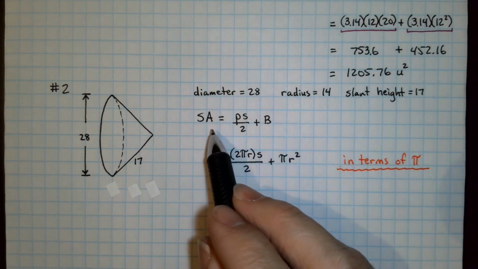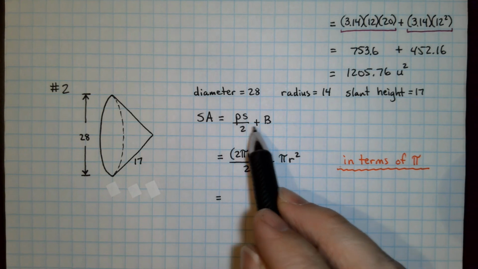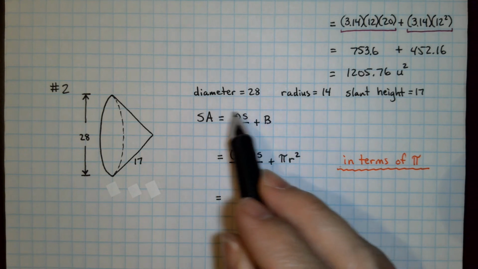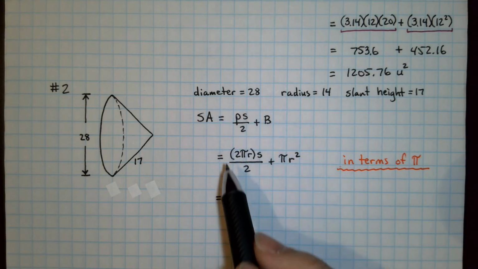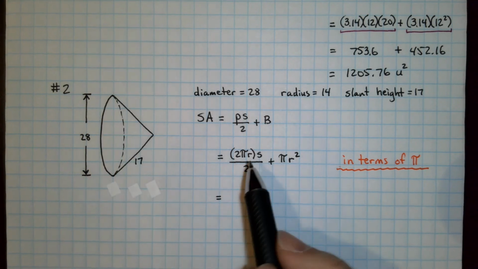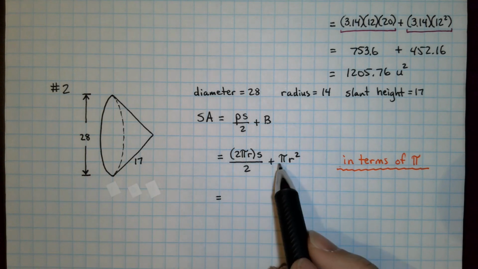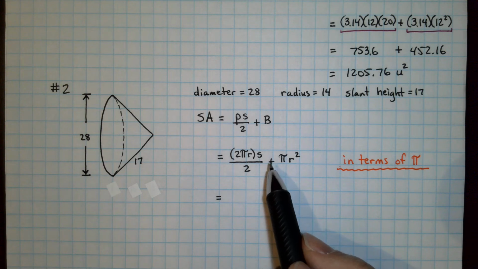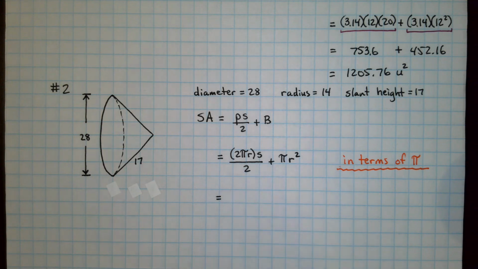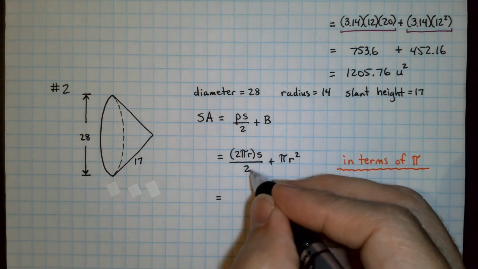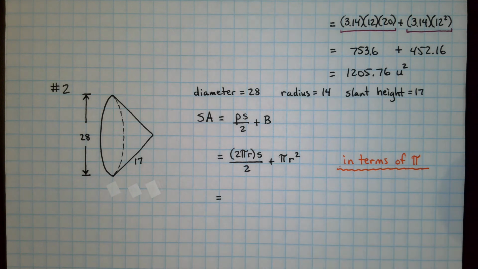We're going to start the same way we did before. Here's our surface area formula in general. And then for the circular base, I made my adjustments here, and that follows what we did in example 1. So I'll pick up from there. The 2's are going to cancel each other out.